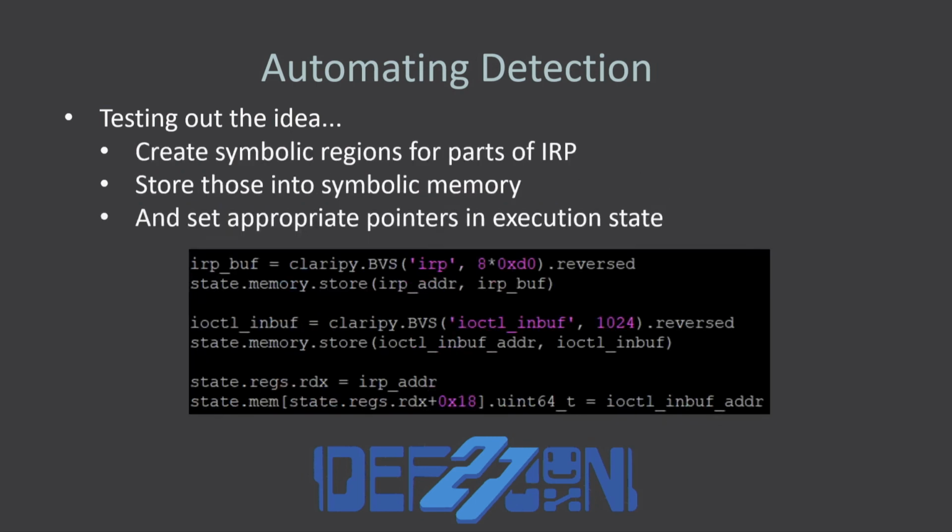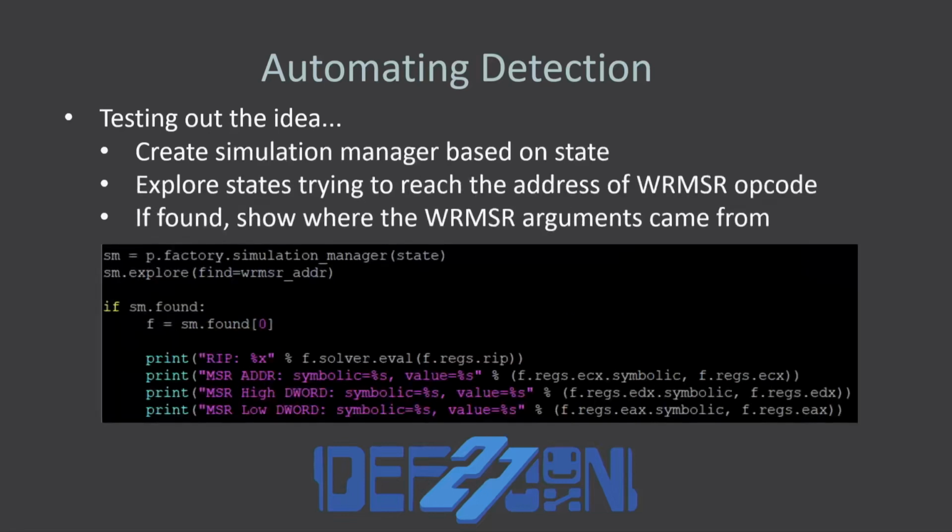We can take that IO request packet, that structure, and create symbolic regions for those parts and set pointers, so that when we start execution at the IOCTL handler, it will have these symbolic regions as the input data that we're passing into this function.